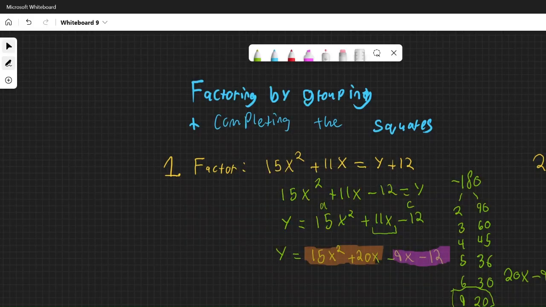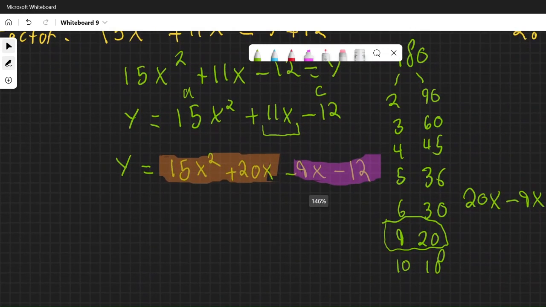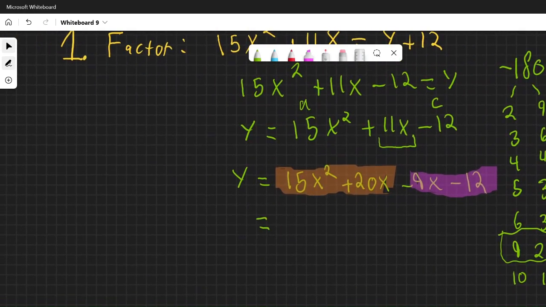We're going to factor out the greatest common factor of the first two terms. They're both divisible by 5, and they both have an x, so we can take out 5x. Now we divide each of those terms by 5x. 15x squared divided by 5x will be 3x. Then 20x divided by 5x would be 4.